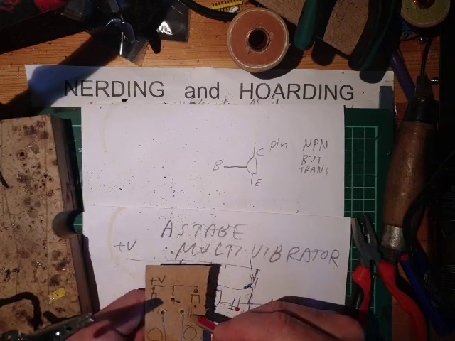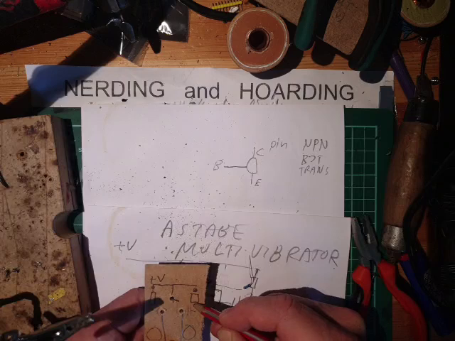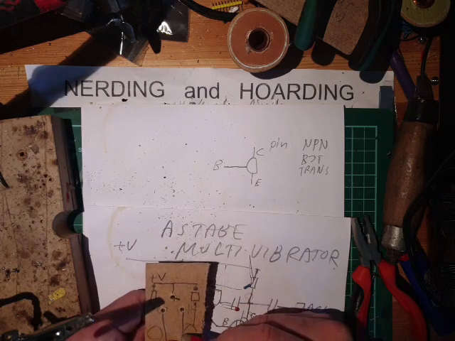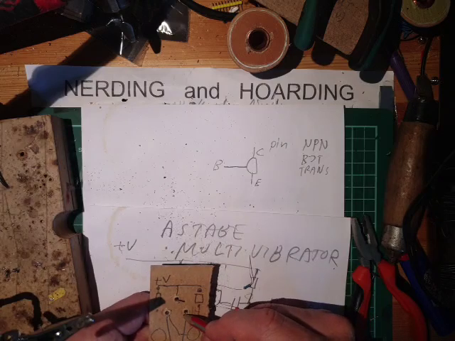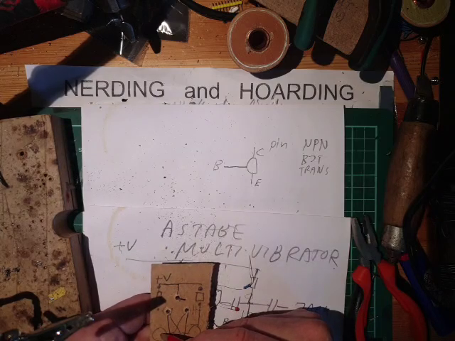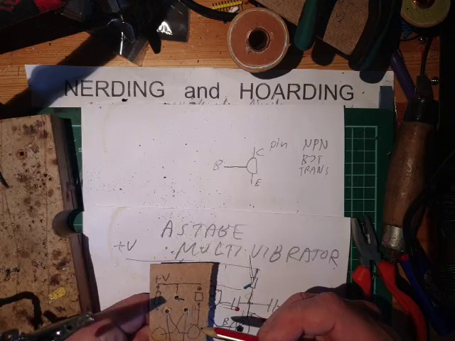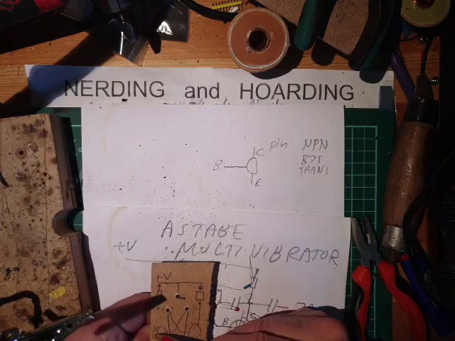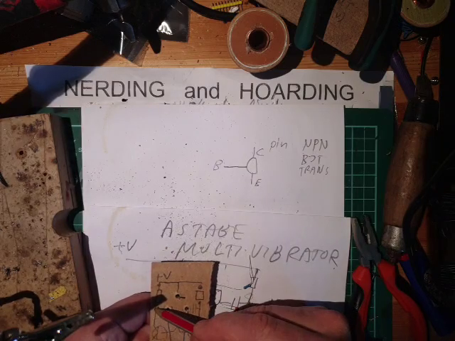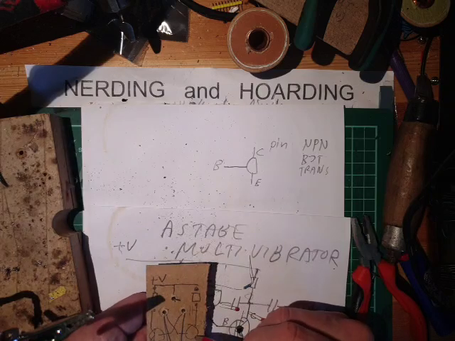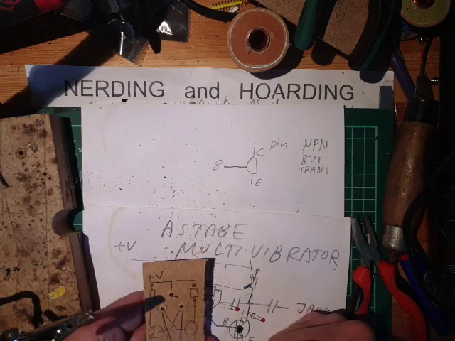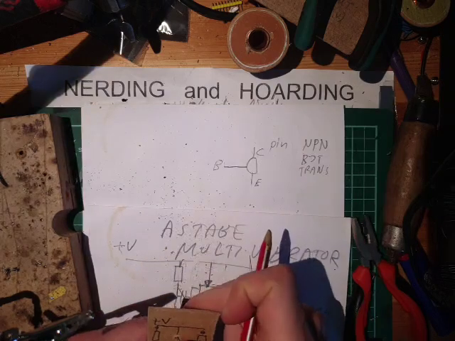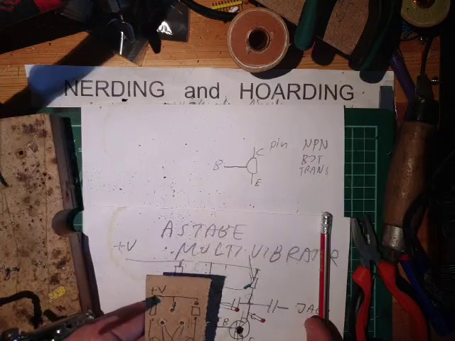So here we put a capacitor, bam, and then this goes in a cross like that, this goes in a cross like that, and this goes up, this goes down to negative voltage, or just ground as we can also choose to call it.